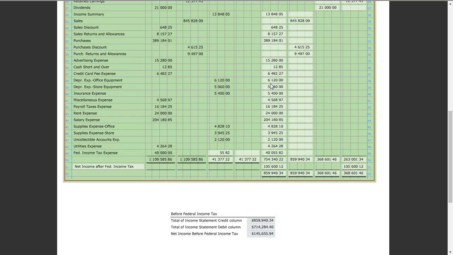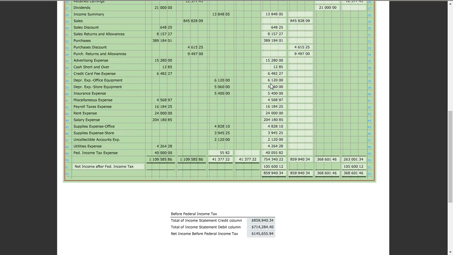If you have a wrong number here, I want eyes up here because I need you to realize, if I put a wrong number here or here, what does that change? It changes your net income.